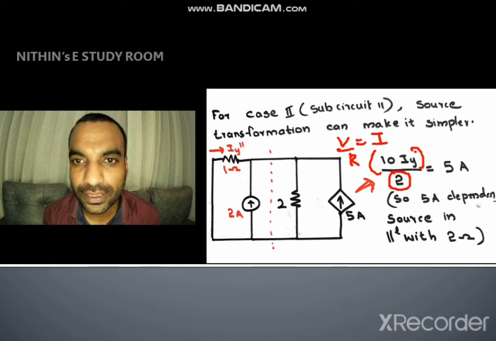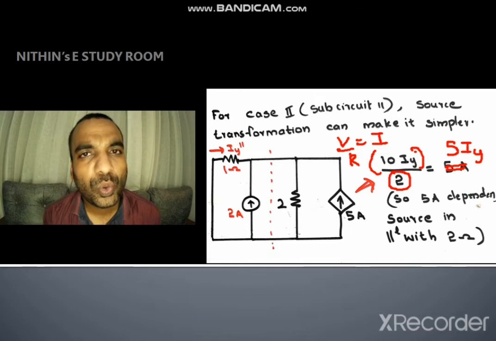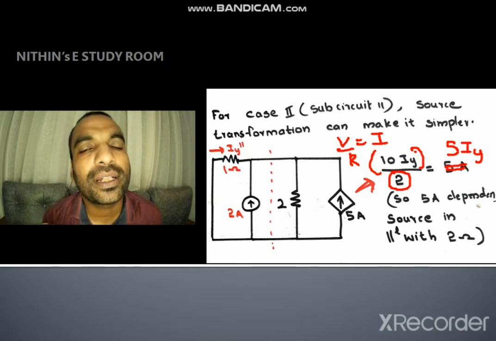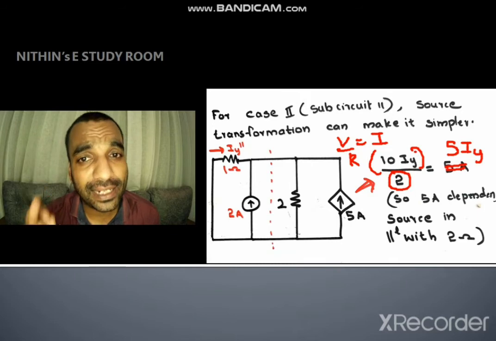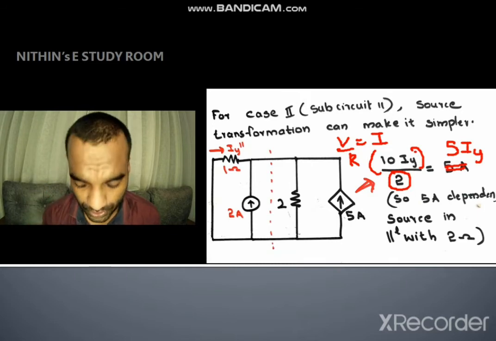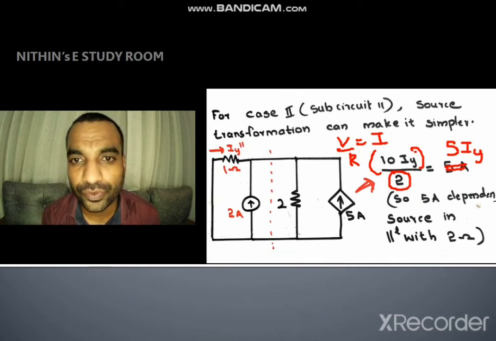Here there is a small mistake, the current is nothing but 5 IY. So 10 IY was the voltage source in series with resistance 2 ohm. Now you can transform it as a current source of 5 IY in parallel with the same resistance of 2 ohm. So this is the new figure.